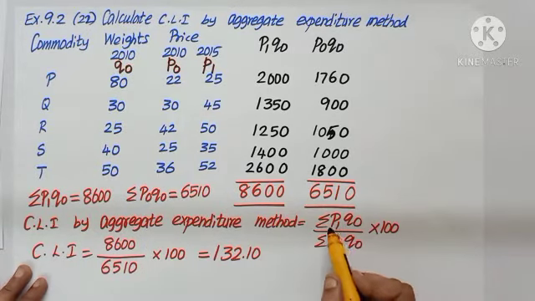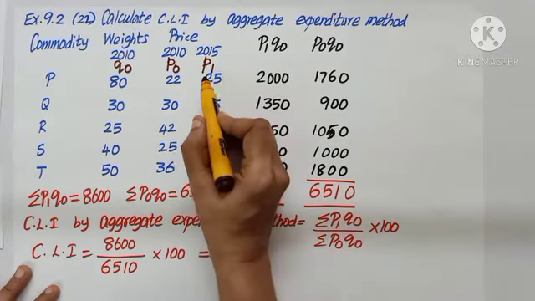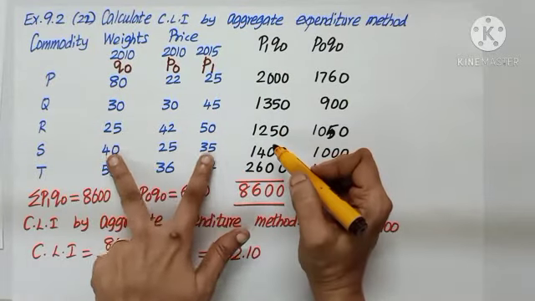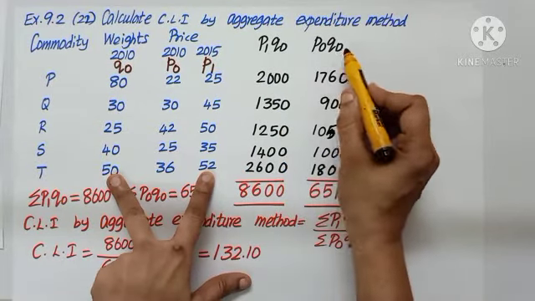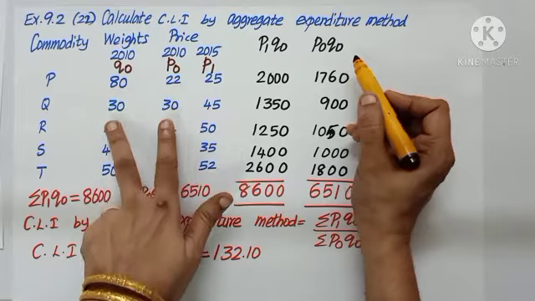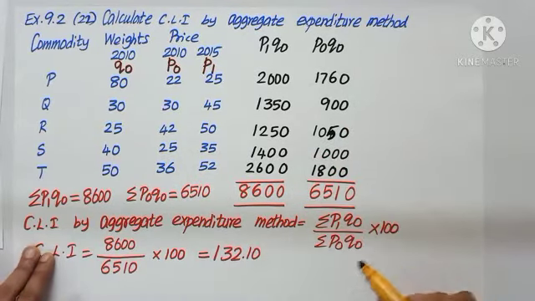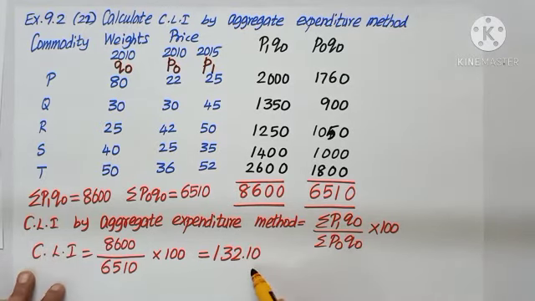So what is the formula? P1 Q0 by P0 Q0. Find out P1 into Q0 multiplying. Then P0 into Q0 multiply these two columns. Find the total, substitute. We get the answer 132.10.